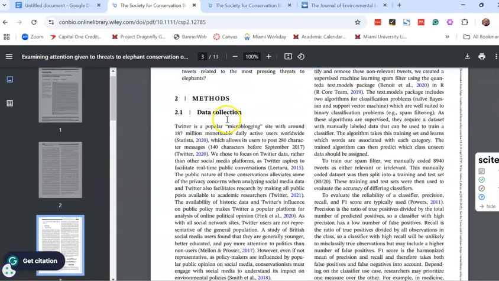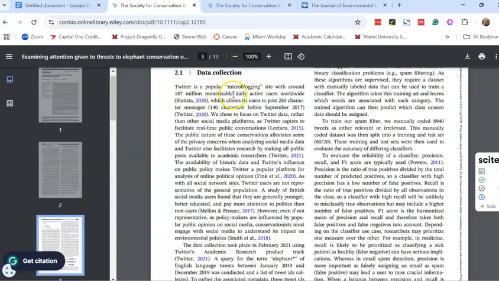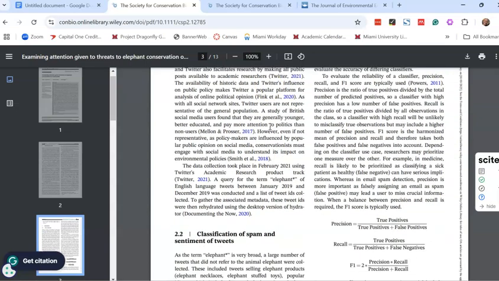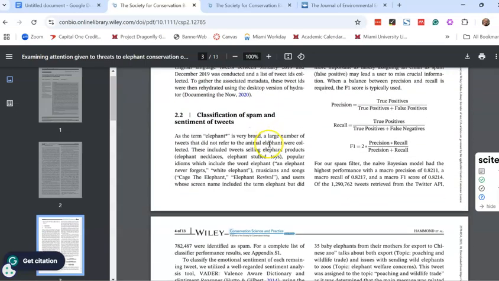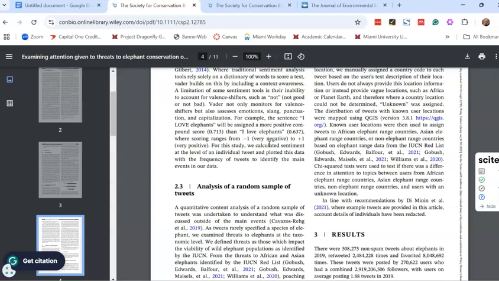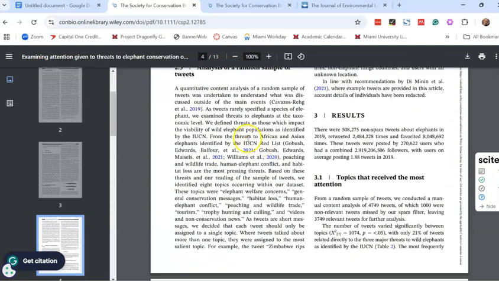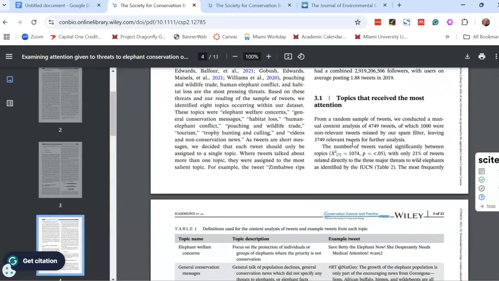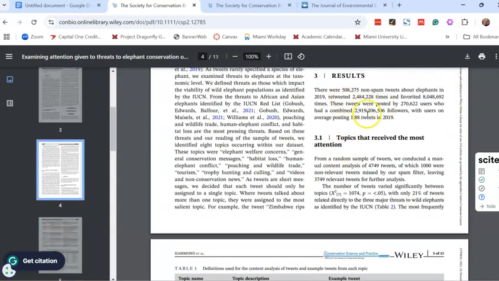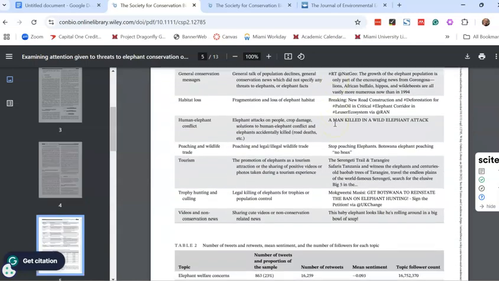So going back up to the top, we have the introduction, which is going to set the stage for it, the methods of how they actually did their study. They talk about looking at Twitter posts about elephants and classifying them in different ways. You can get a sense of their statistics, how they did that, and then finally their results, which is really just an overall sort of no kind of discussion of what they mean, but just the actual results themselves.